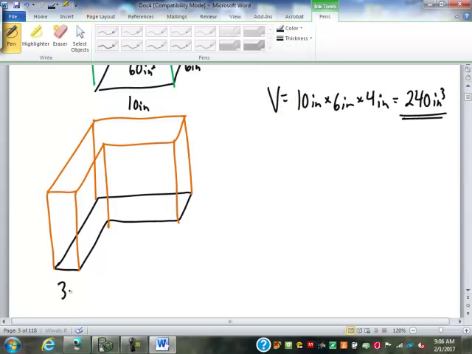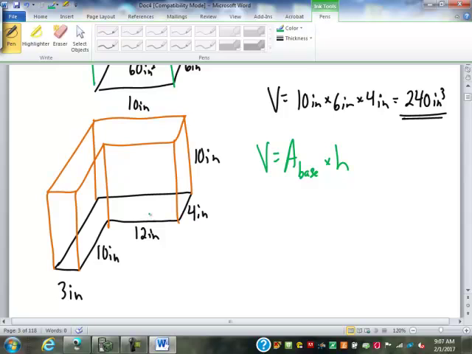Let's say I tell you that this is 3 inches. This inside here is 10 inches. This inside over here is 12 inches. This is 4 inches. And this height here is 10 inches. Length times width times height doesn't apply here because it's not a box. But I can do the volume as being the area of a base times the height.